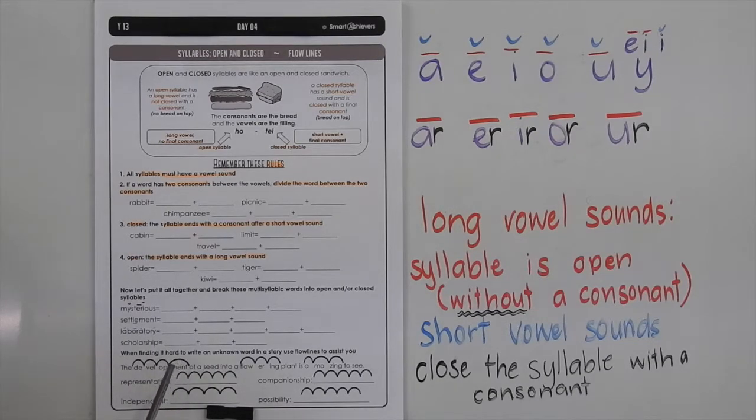Now when you're writing and you want to use a long word that's multisyllabic and you're not sure how to spell it, just break it up into its syllables. So work out how many parts there are to the word, draw your little hills for each part of the word or each syllable, and then fill in the little gaps.